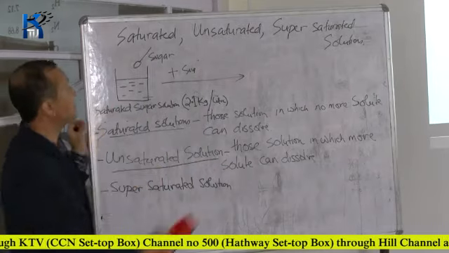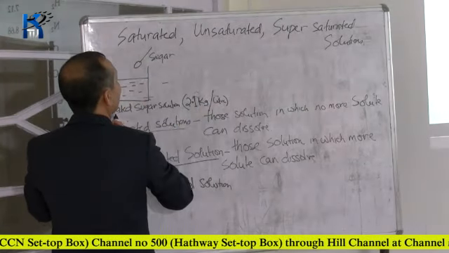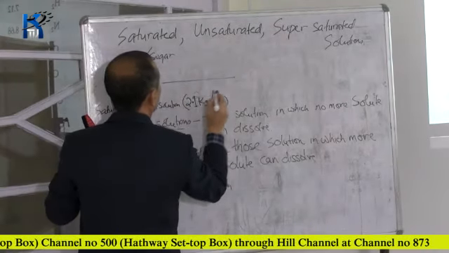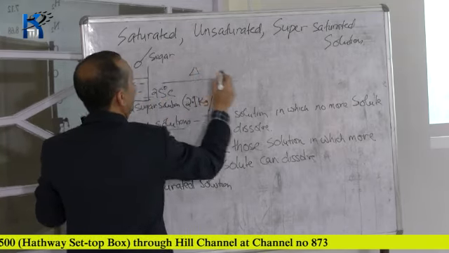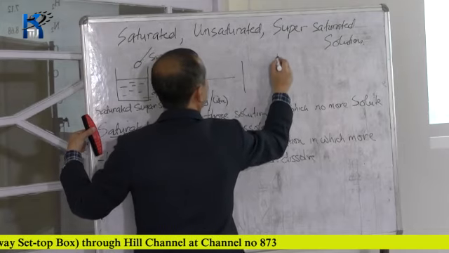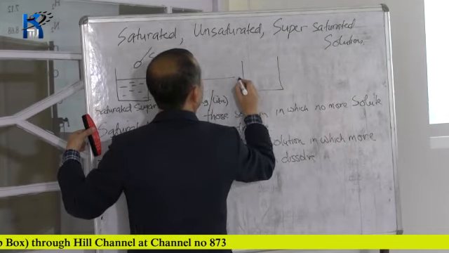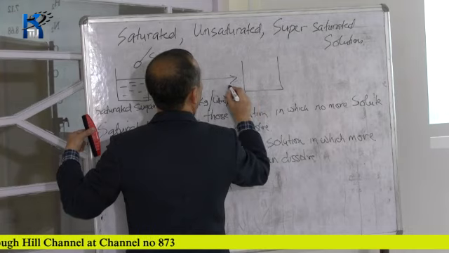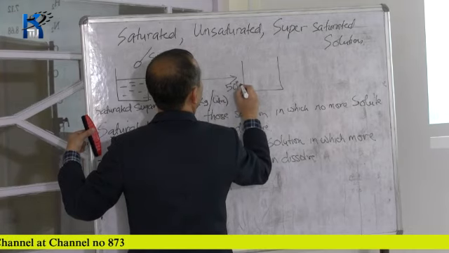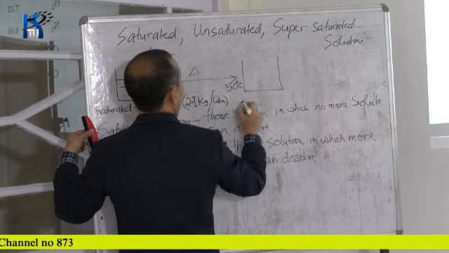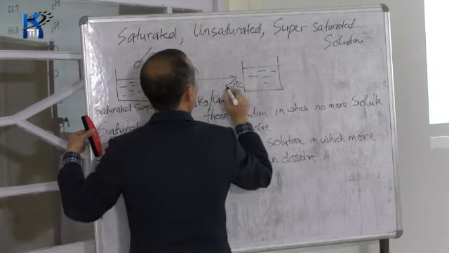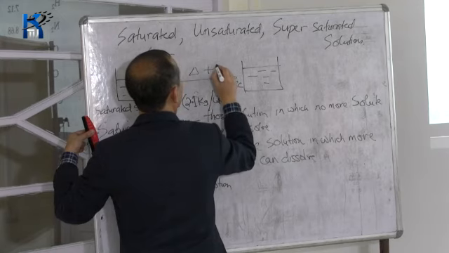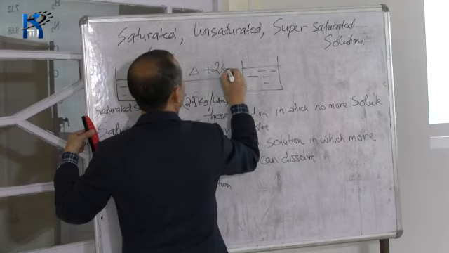Now to this saturated solution, instead of adding more sugar, supposing I heat it. This temperature was 25 degrees centigrade, and supposing I heat and the temperature becomes 50 degrees centigrade. Now at 50 degrees centigrade, I can add almost 2 kg of sugar.